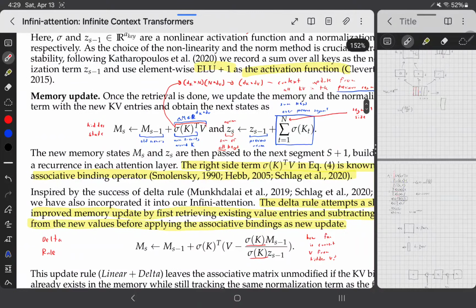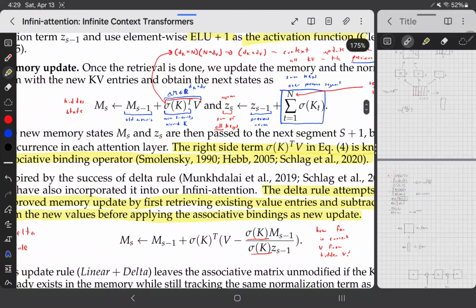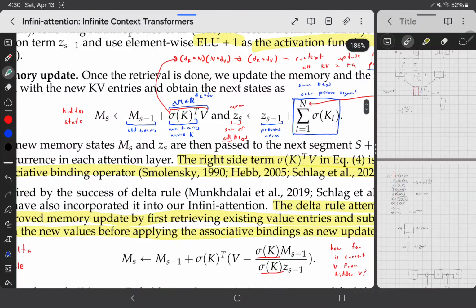Now, what we have over here is the recurrent formulation. So our hidden state, M_s, this is going to be our big hidden state. This is our dk by dv hidden state.